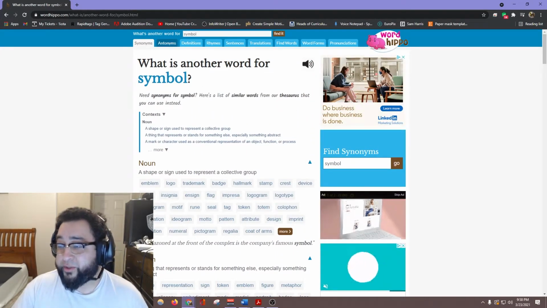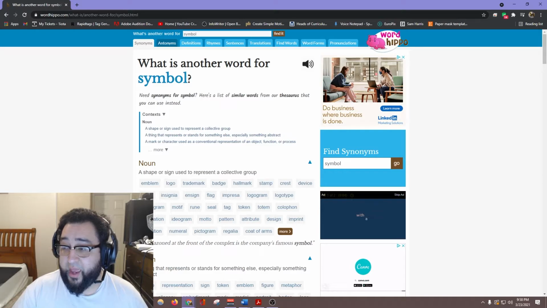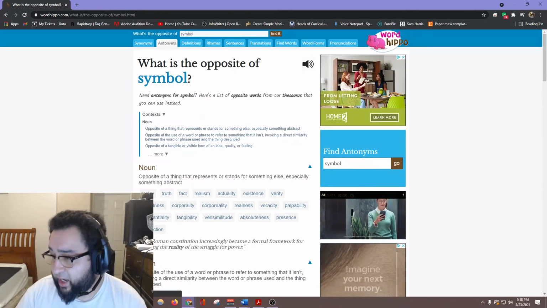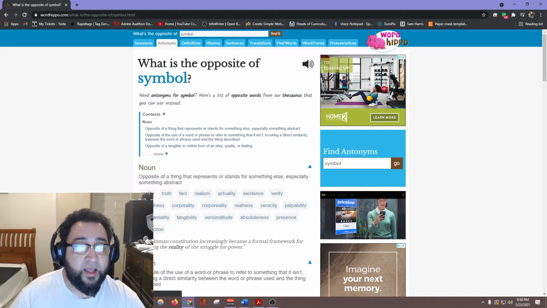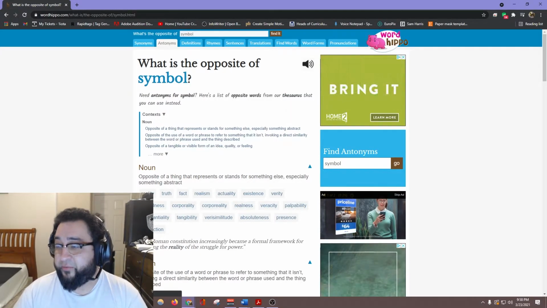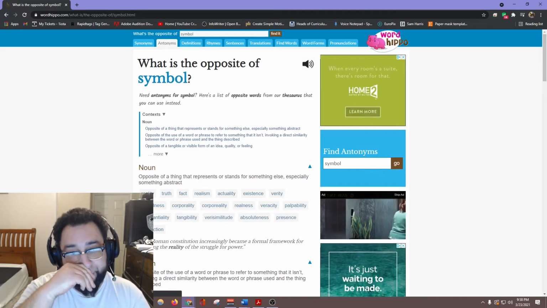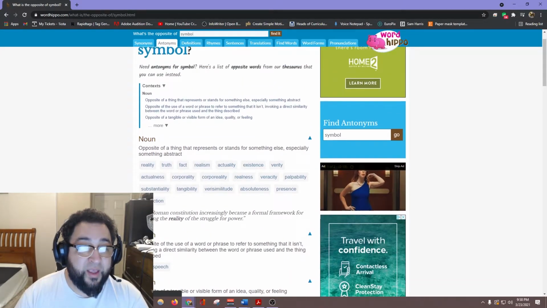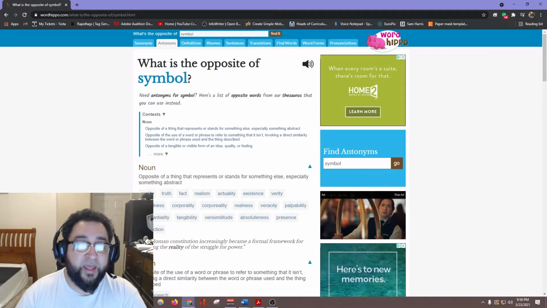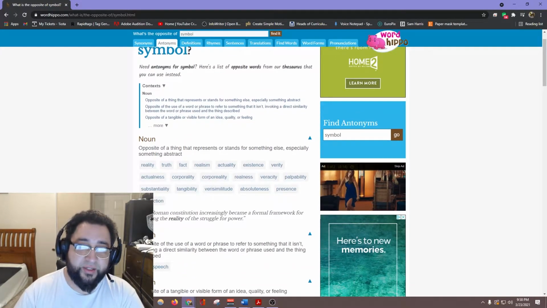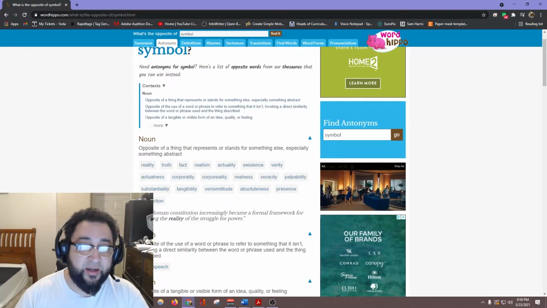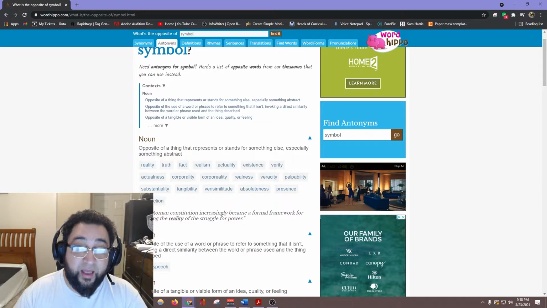Now, what you're also going to need for your worksheet is to know the antonym. The antonym is the second tab on the top left, and it is the opposite of whatever word you're using. So for the word symbol, which is a representation, what we're going to get is reality.